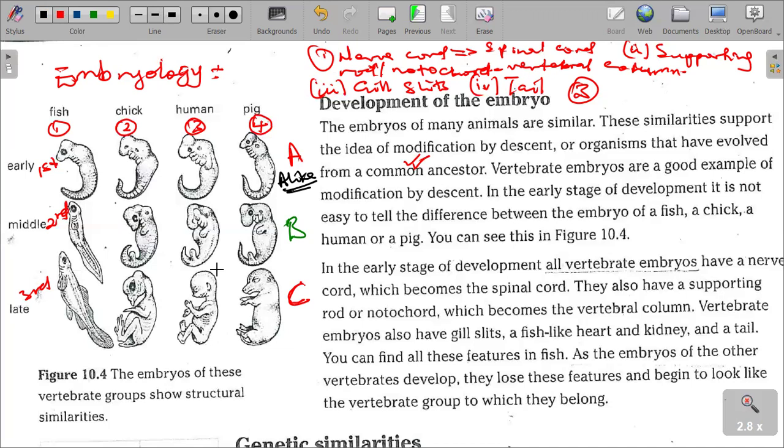You can now even see this is a baby. But at the earlier stage, we're not going to be able to tell that this is a baby.